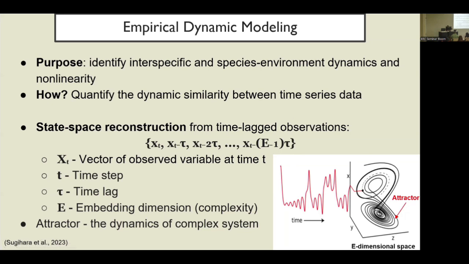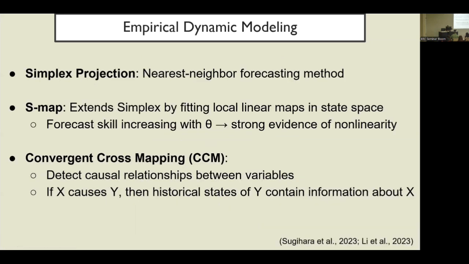Once we construct the state space, we can use simplex projection to identify nearest neighbors and forecast future crab abundance. We can apply S-map to detect nonlinear interactions, and also capture how the stress and interaction between variables change over time.